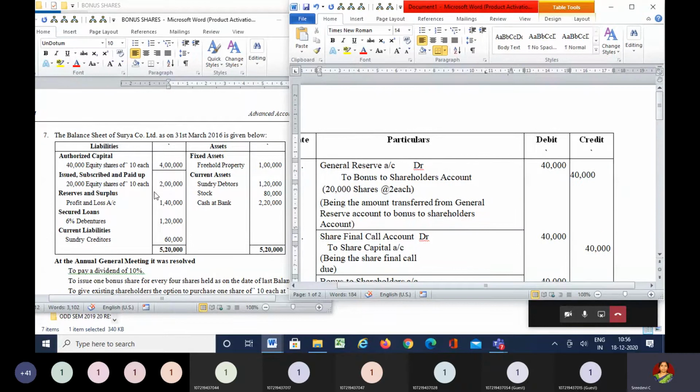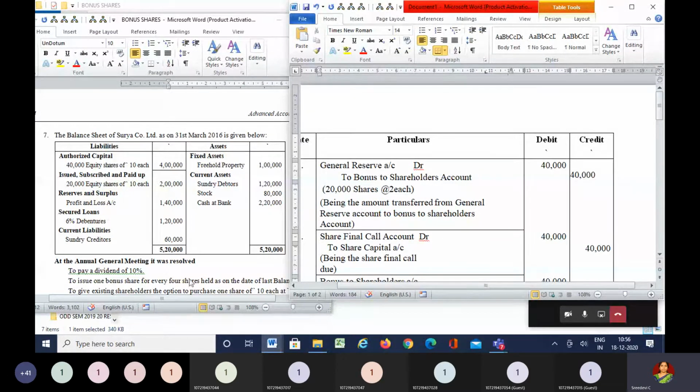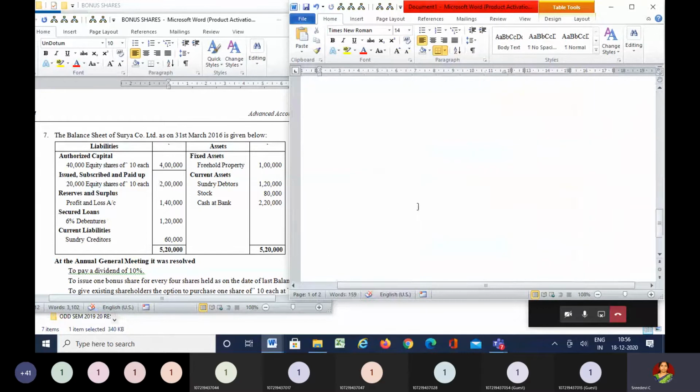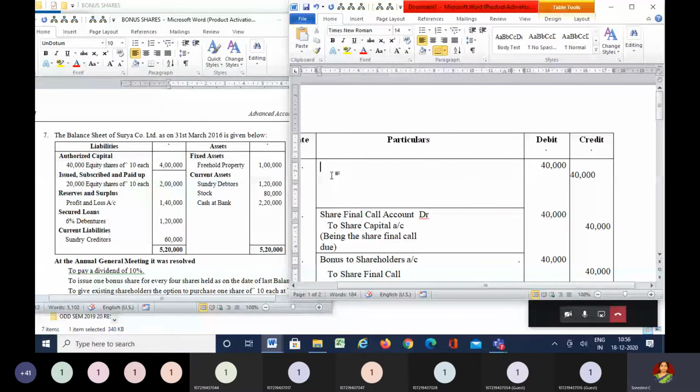To pay a dividend of 10%, calculated on the paid up share capital of 2 lakhs, 20,000 is the amount required. Write it as profit and loss account. While preparing the reserves and surplus note in the company final accounts, the dividend is always shown as a deduction from the P&L account balance.